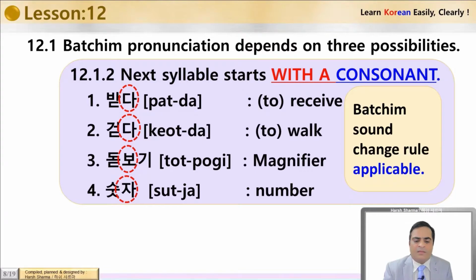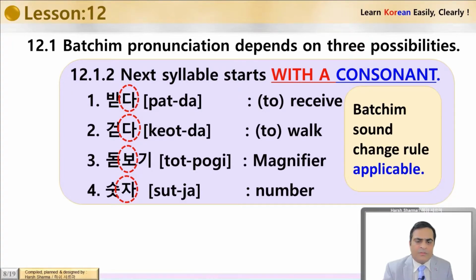First is patta. It will be pronounced as patta. Second, khotta. Third will be tokpogi. And number 4, sucha. So in this case also, that sound change rule of the Batchim will be applied.